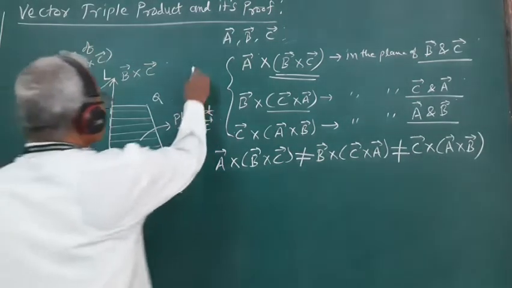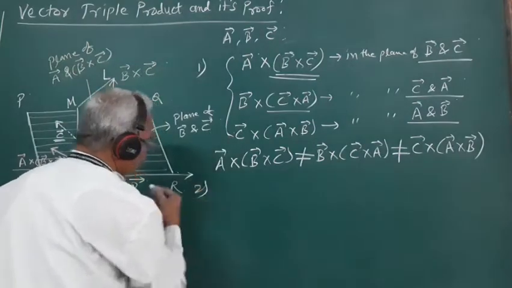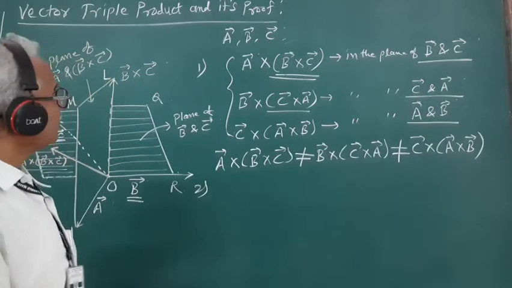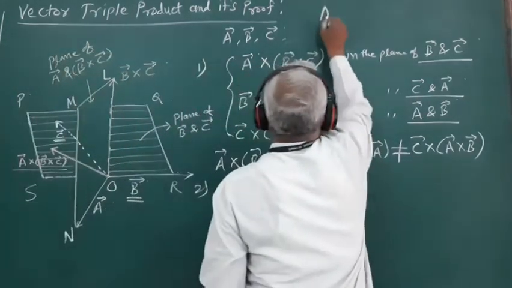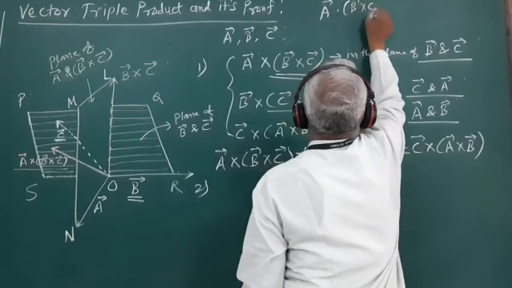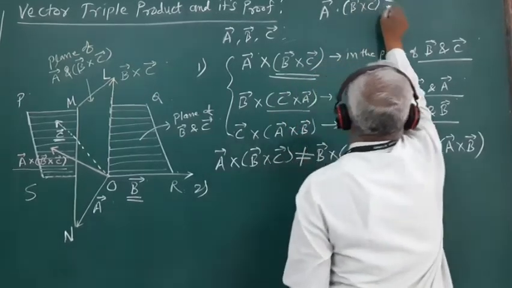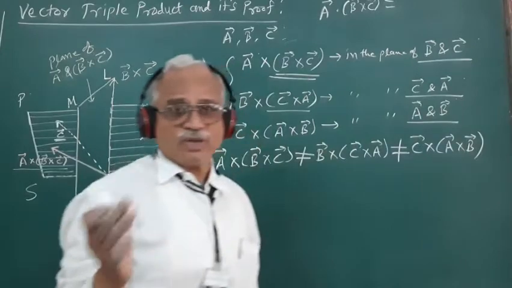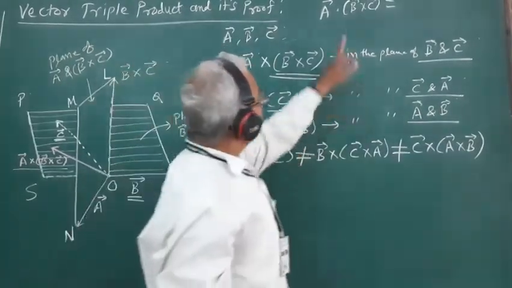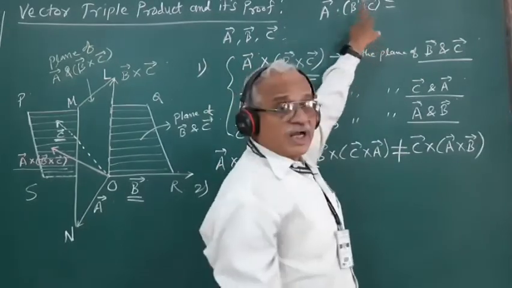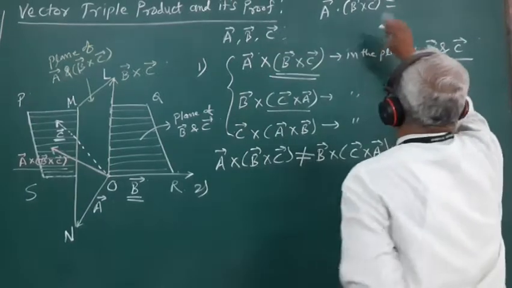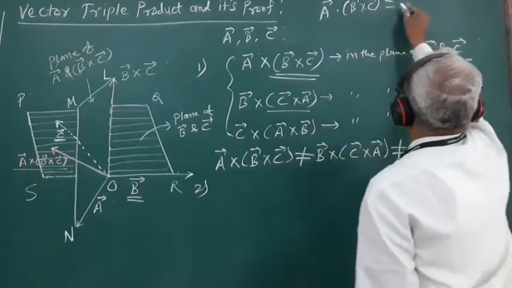The second conclusion we can draw is this. In the case of the scalar triple product, we have seen that the scalar triple product of the three vectors is expressed as A bar dot B bar cross C bar, and one of its characteristics is that the positions of dot and cross can be interchanged, so that the scalar triple product remains unchanged.